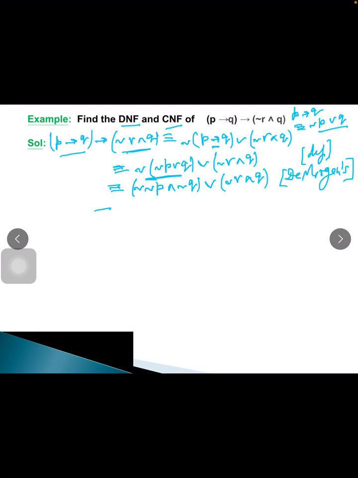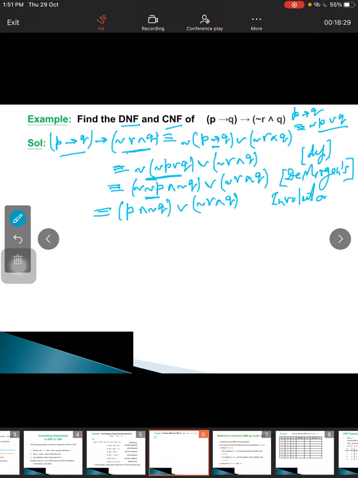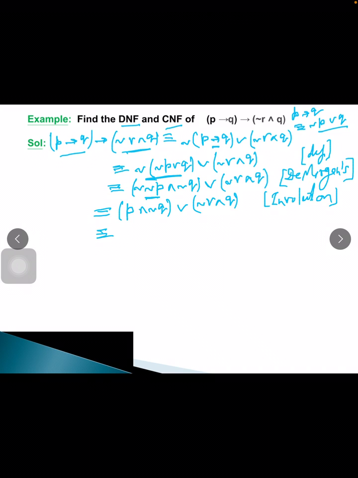Now this is equivalent to, here we have the negation of negation P. So we use the involution law, or double negation, which means negation of negation P is equivalent to P, and this is negation of Q, and this is negation of R and Q. So here we use the involution law, or double negation, you can write either.